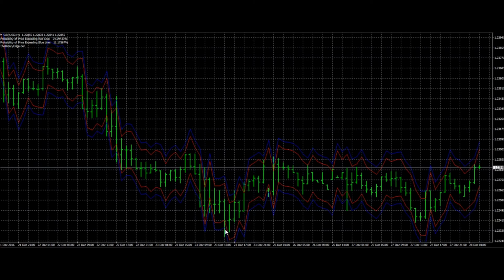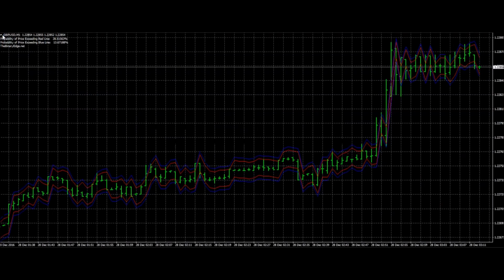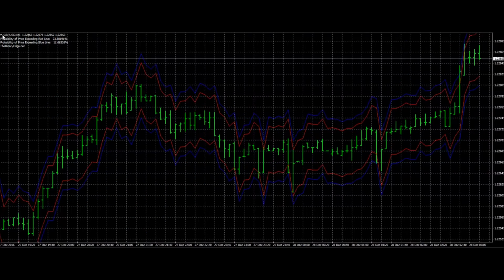So you instantly put the edge in your favor by taking one of these trades out here, as opposed to some other indicator or a chart pattern or moving average or whatever. This is the real hard statistic. This is where the edge is, and so these are great little spots to take trades.